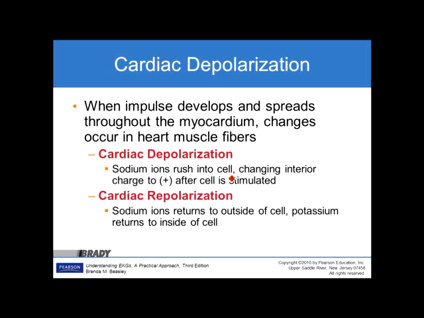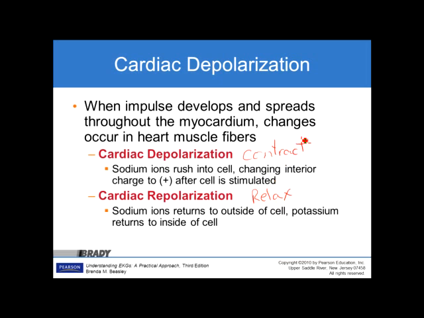During cardiac depolarization or contraction, sodium ions rush into the cell, changing the interior of the cell to a positive after the cell is stimulated. During cardiac repolarization, sodium ions return outside of the cell, and this is relaxation. Sodium ions return to outside the cell, and potassium returns to the inside of the cell.